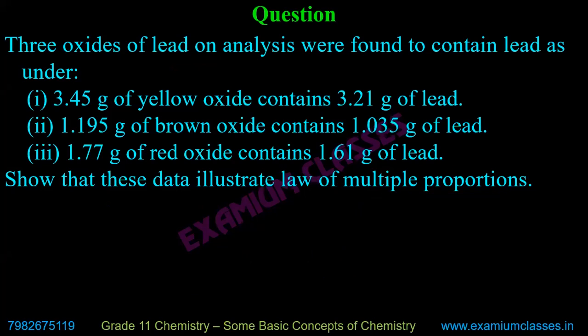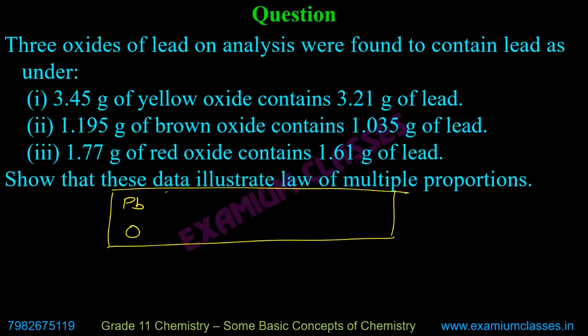So we will have lead and oxygen. 3.45 gram of yellow oxide contains 3.21 gram of lead. It means you don't just divide this by this, no, because this is lead oxide, not oxygen.